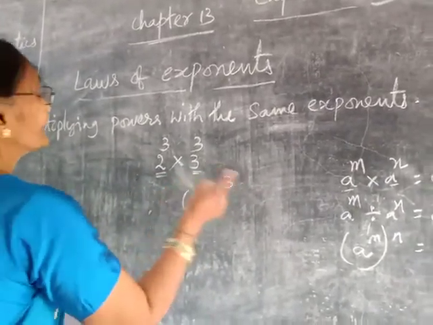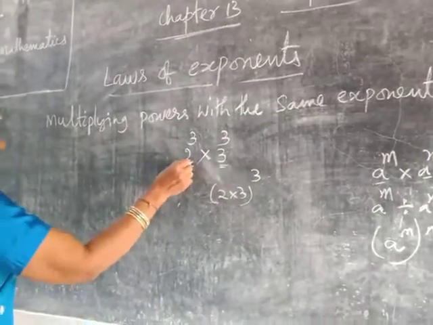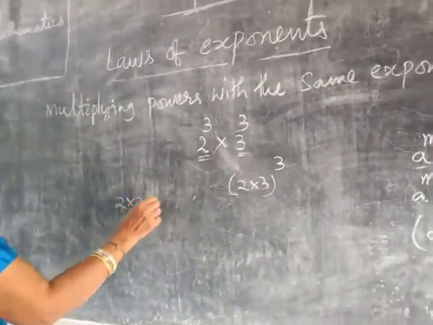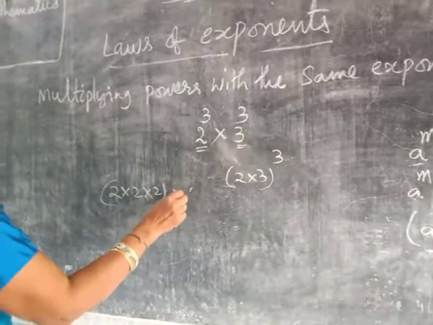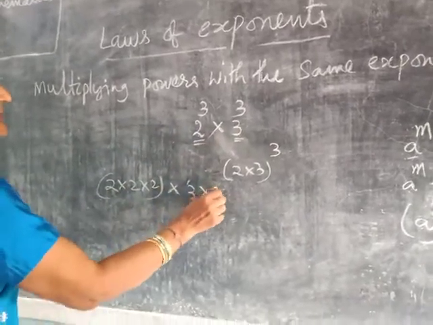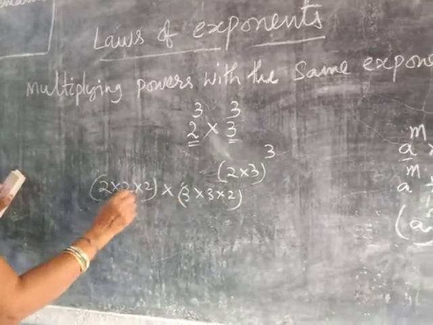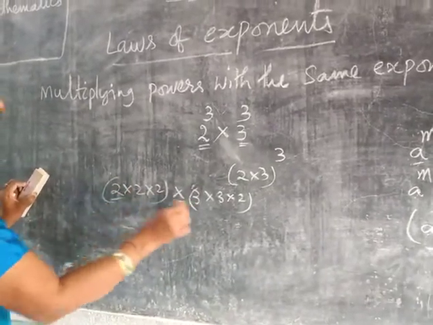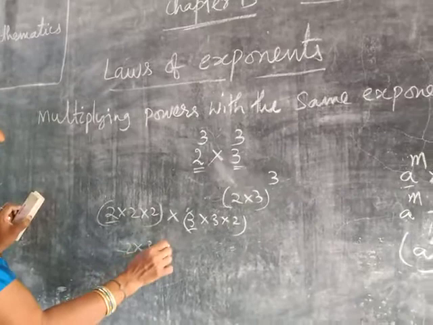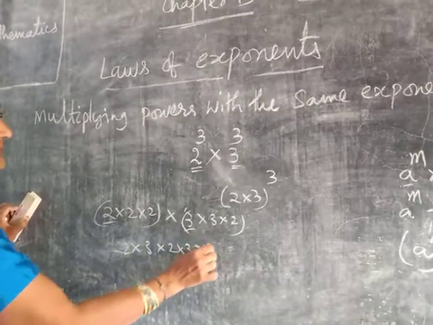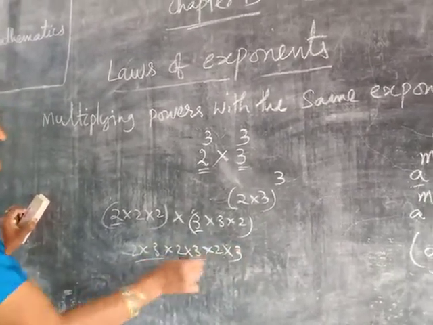Do you understand? See, once again I am teaching. 2 cube means 2 into 2 into 2, and 3 cube means 3 into 3 into 3. Then when you multiply, it is 2 into 3, 2 into 3, and 2 into 3, three times, so 6, 6, 6.